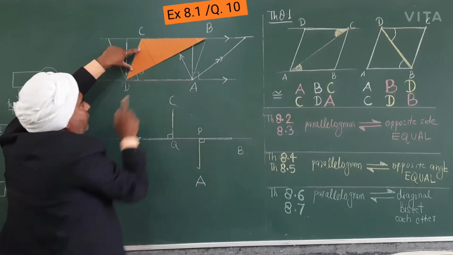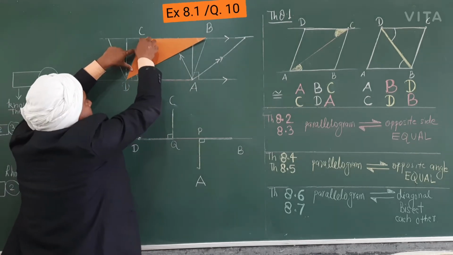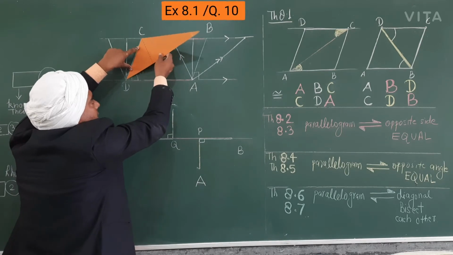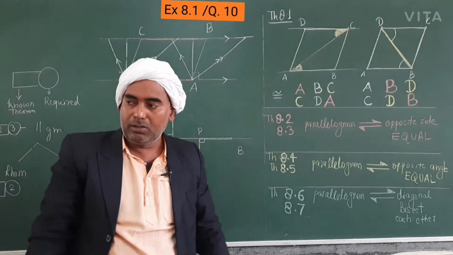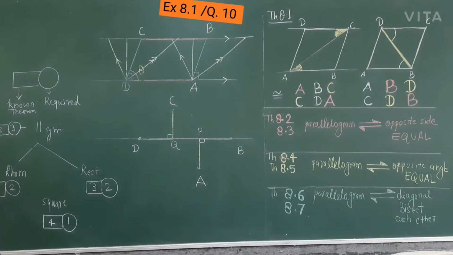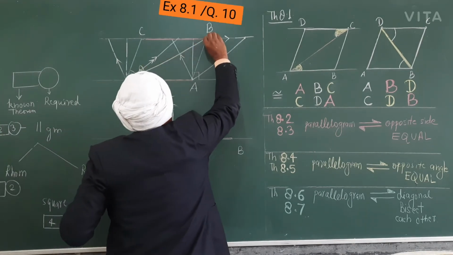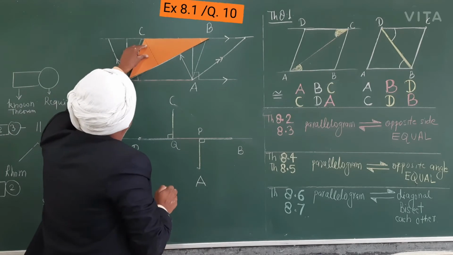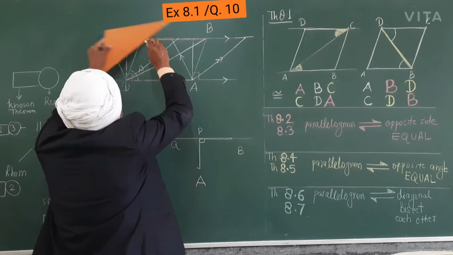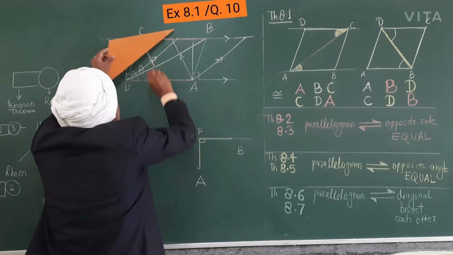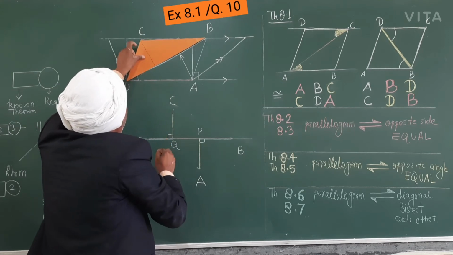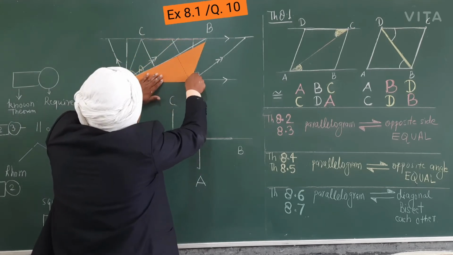In your book, the figure is like that: BD, and they have made a perpendicular here, this one, and then a perpendicular from A.